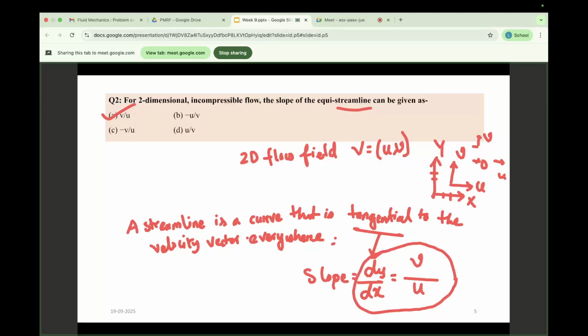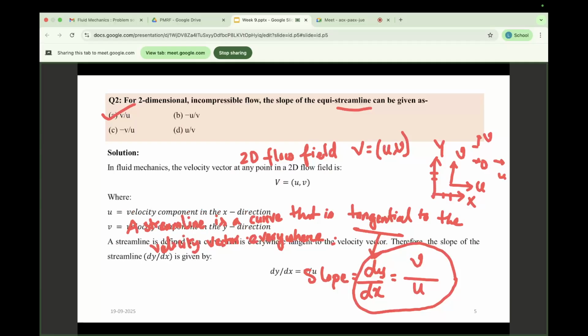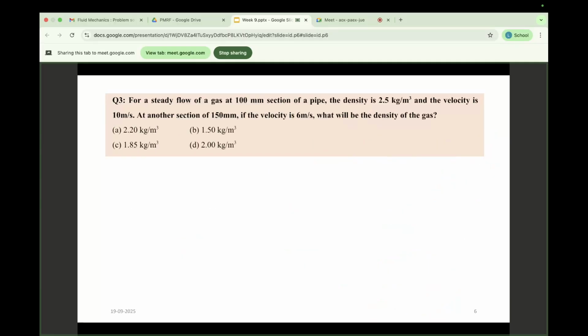Okay. So I am moving to the next question. It's a numerical question where it has been given that for a steady flow of a gas at a 100 mm section of a pipe, the density is given and the velocity is also given.